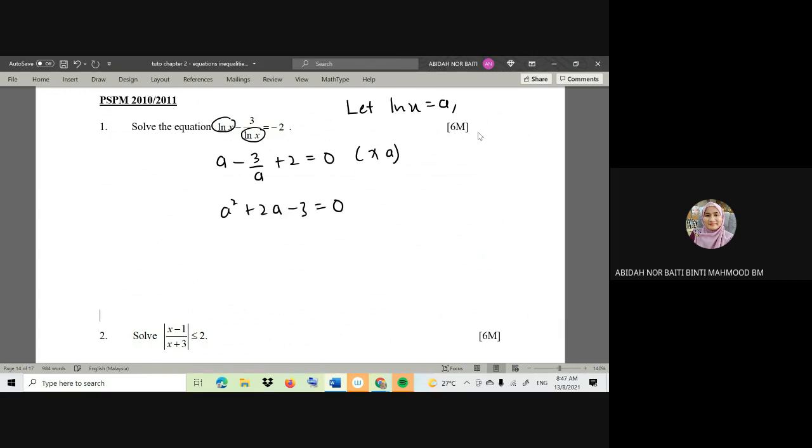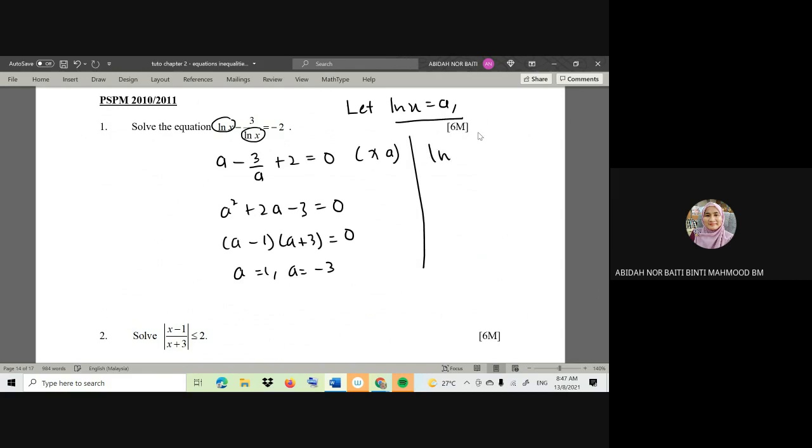So this is quadratic equation. Okay, quadratic equation. So we factorize A1, A3 equals 0. So here minus, here positive. So A is 1, A is 3. So masuk baliklah dalam ni tadi ya.